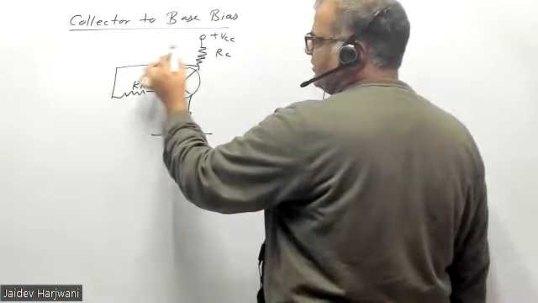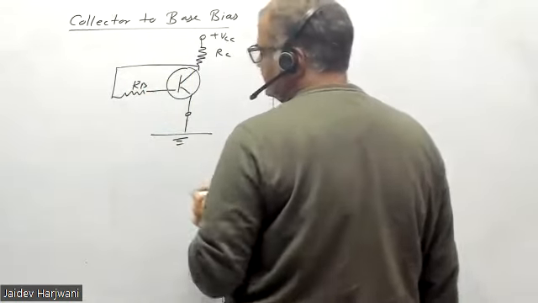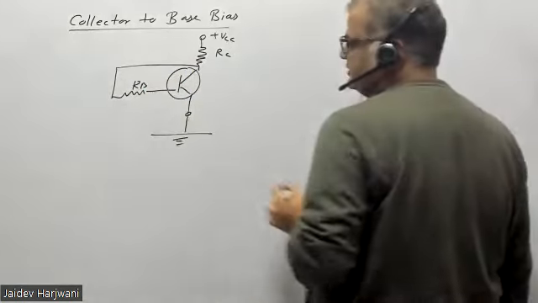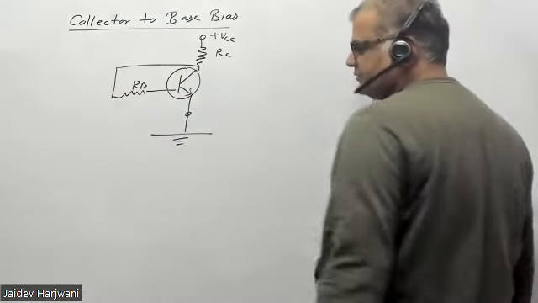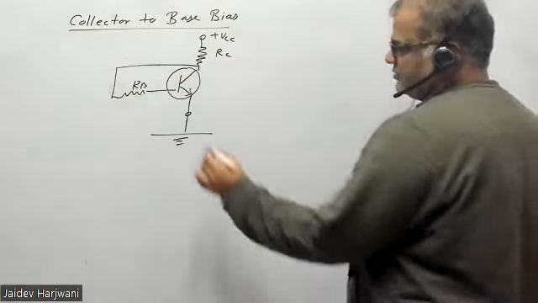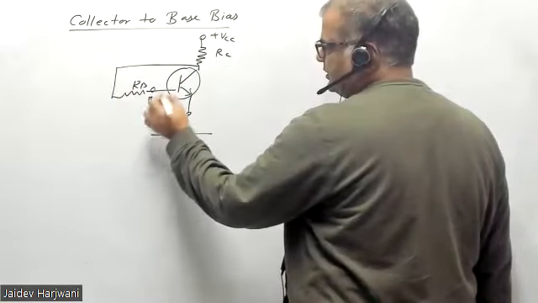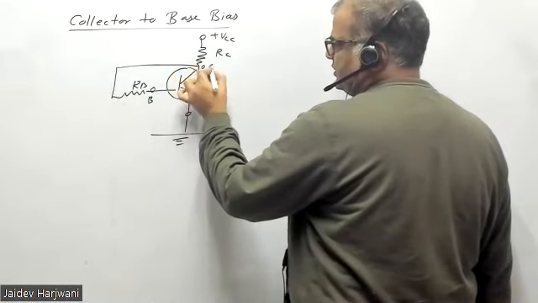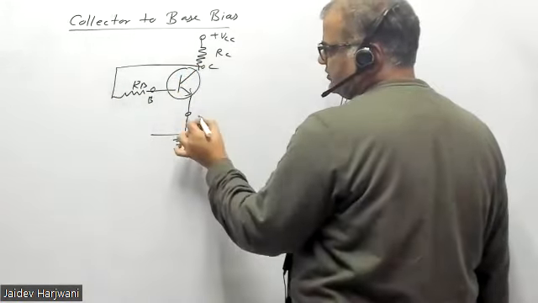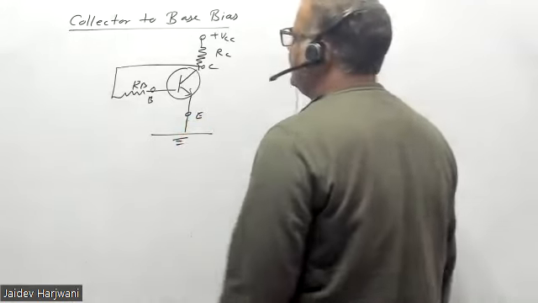So now RB is not coming directly here, it's coming from the collector. That is why collector to base bias. NPN transistor, common emitter mode. So this is your base, and this is your collector, and this is your ammeter.